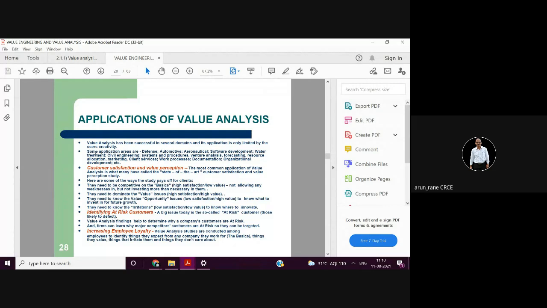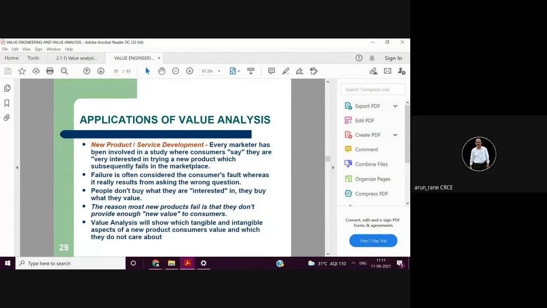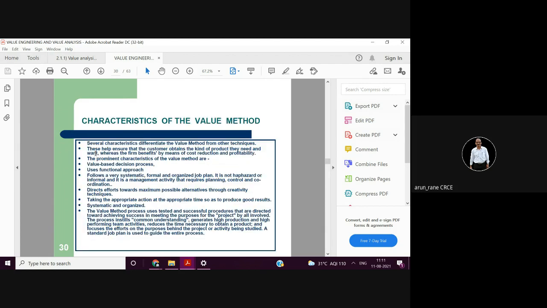Increasing employee loyalty, new product development, new service, not only product, it can be service or process. If you want to eliminate grinding and develop a lapping process, you can do value analysis for the grinding process.